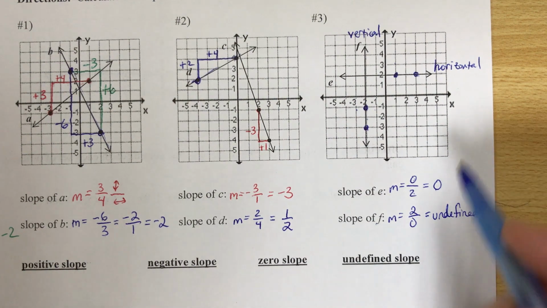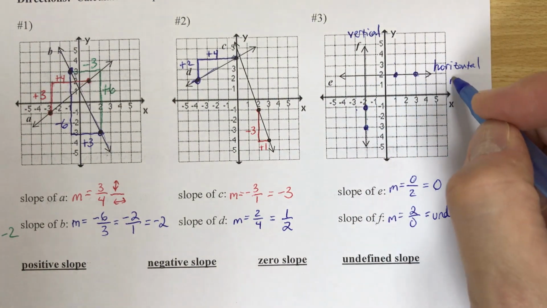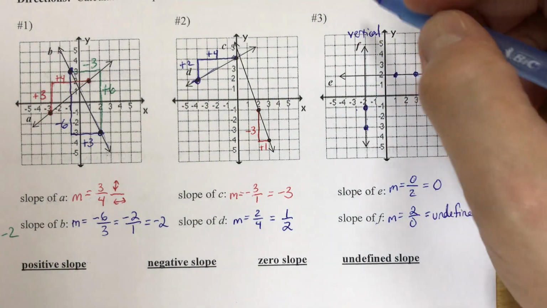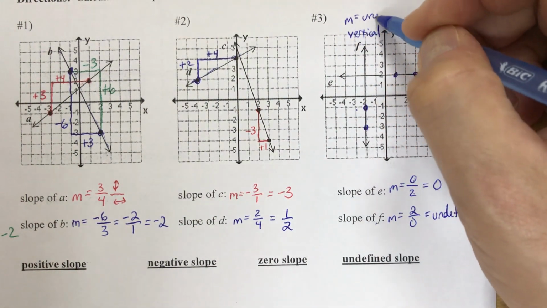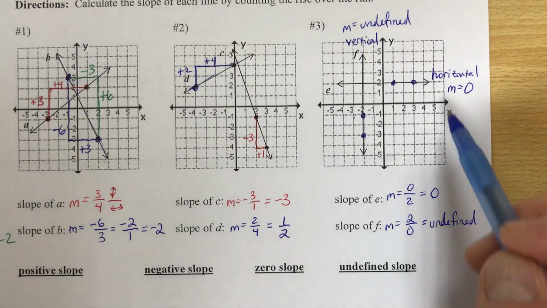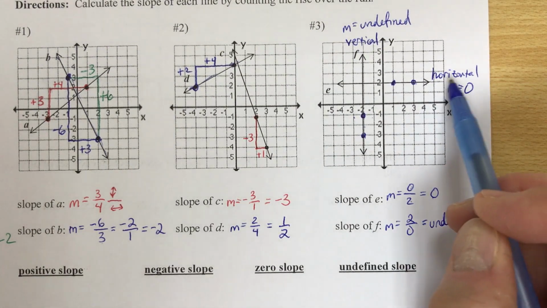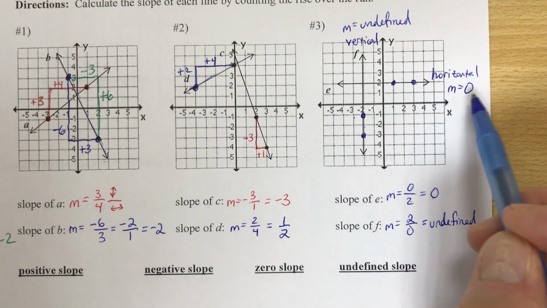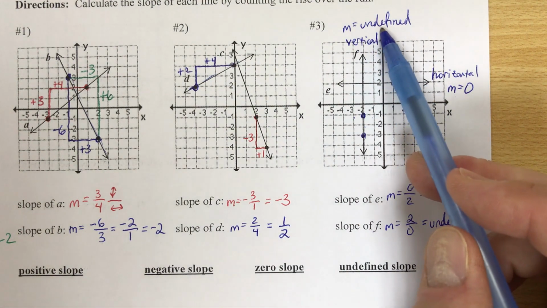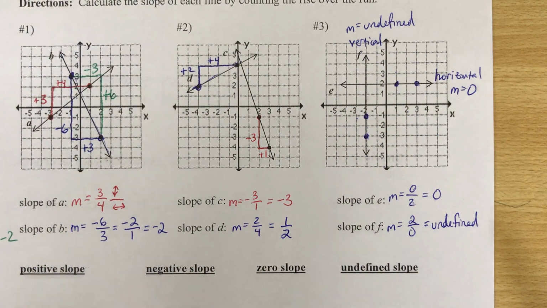So when we have a horizontal line, the slope is 0. But when we have a vertical line, the slope is always undefined. One way to remember this is if I pronounce this, horizontal has a 0 slope. Vertical line, undefined. Kind of rhymes.